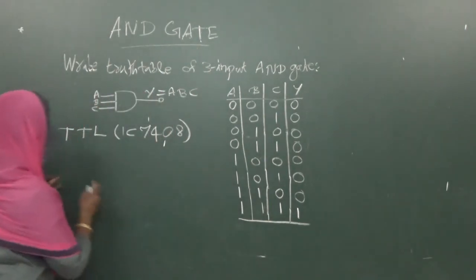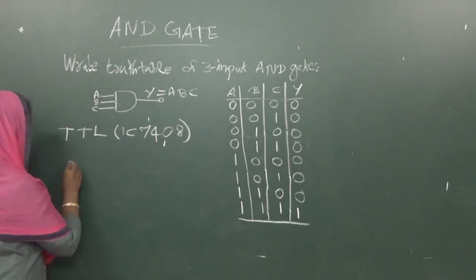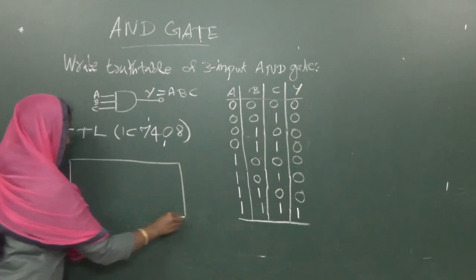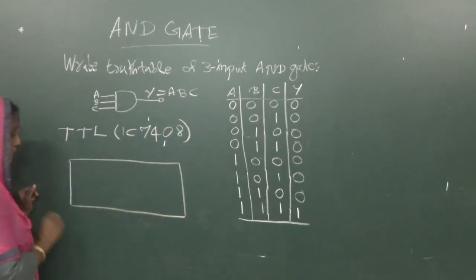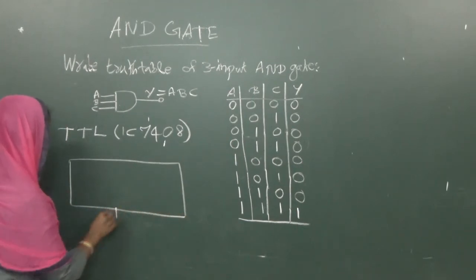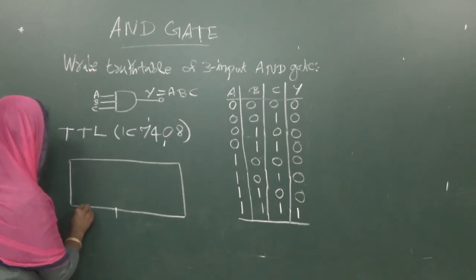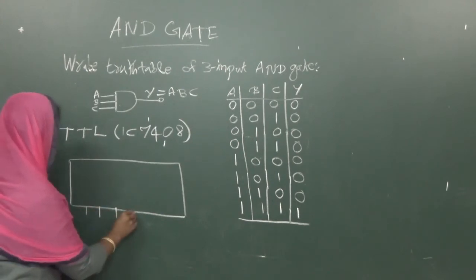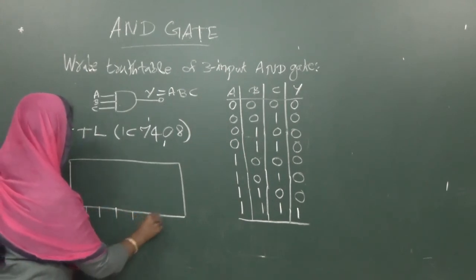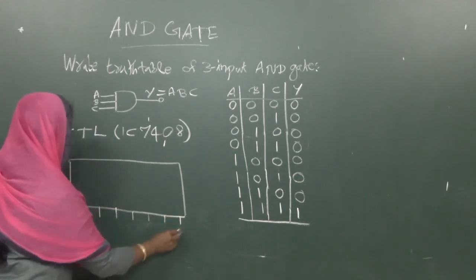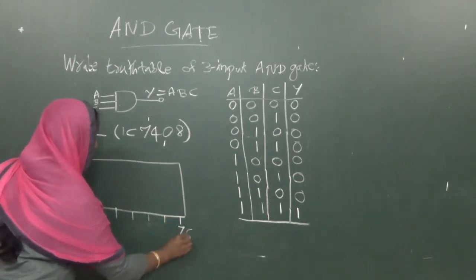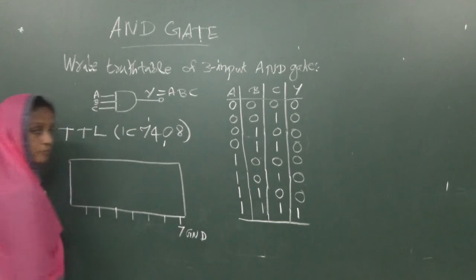So we can draw here the detailed circuit. This is our IC. This is the 7th pin, which is grounded.